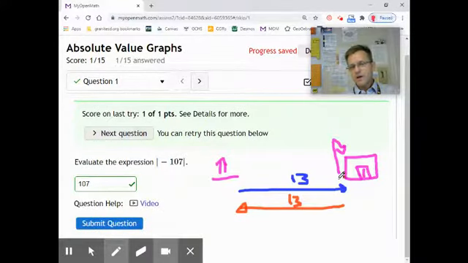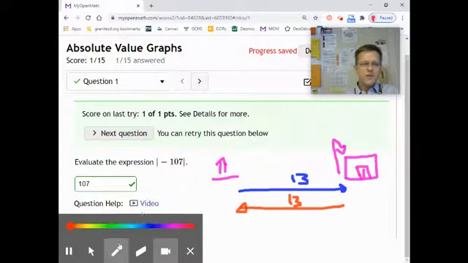So I drive 13 miles to work and I drive 13 miles home, because when you're counting distance, distance is always positive. Really keep that in your head. Distance is always positive. So that means that it doesn't matter which direction I'm driving, distance is always positive.